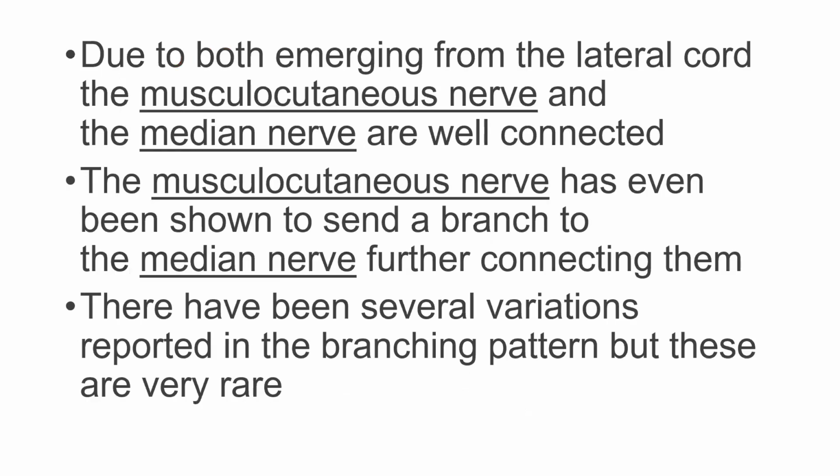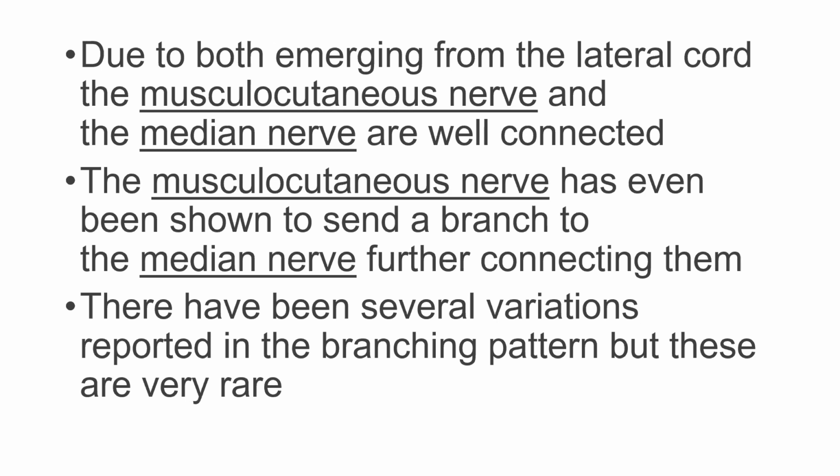Due to both emerging from the lateral cord, the musculocutaneous nerve and the median nerve are well connected. At times, you see there's a connection of nerve tissue between these two nerves. And there is a connection between the median and ulnar in the forearm, called Martin-Gruber anastomosis. They are connected.